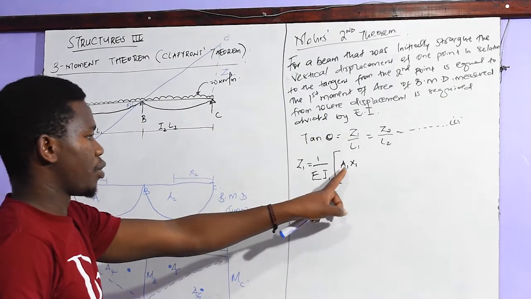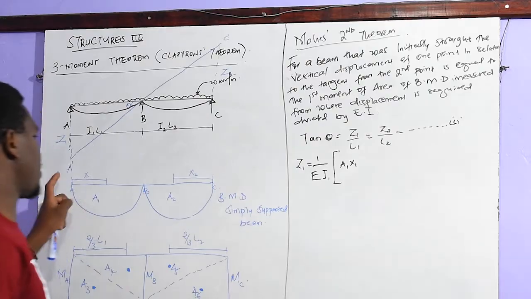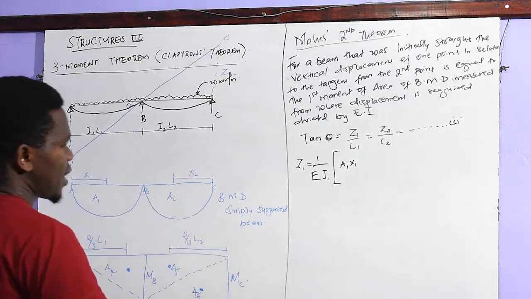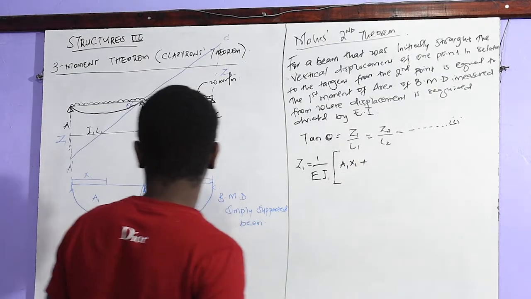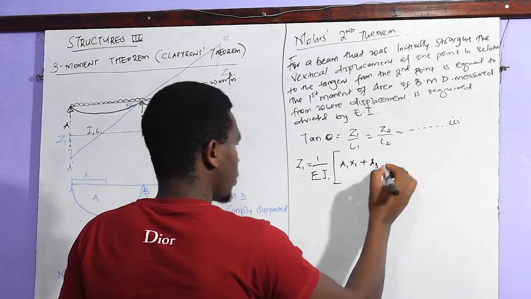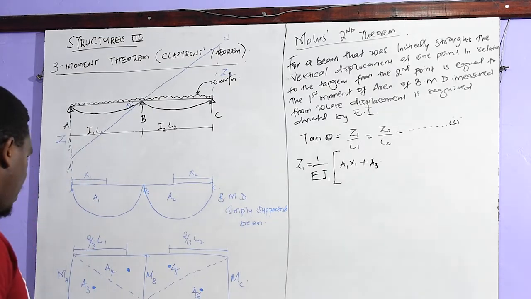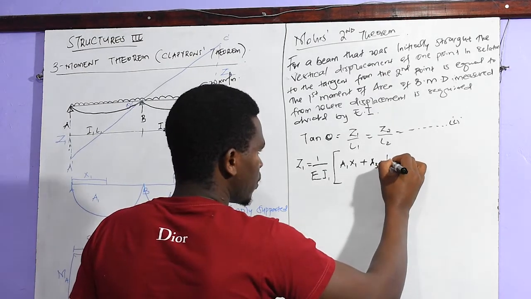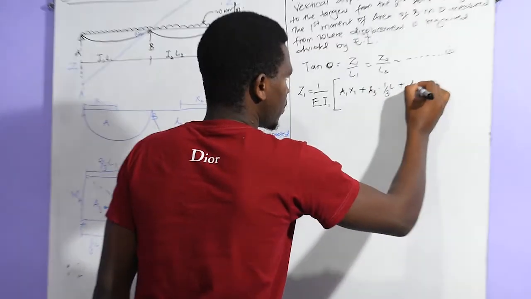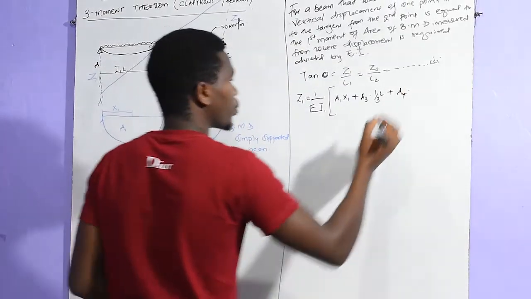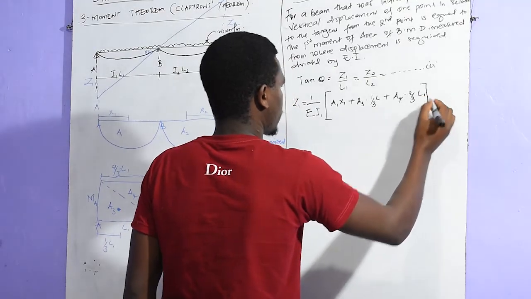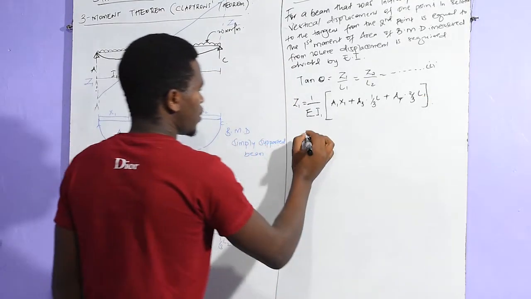So it is the area multiplied by the distance to where the vertical displacement is required, plus area 3 multiplied by a third of L1, plus area 4 multiplied by 2/3 L1.